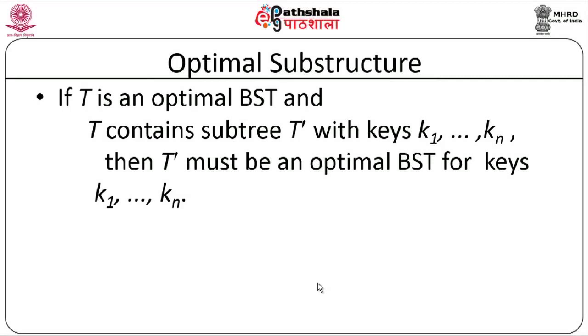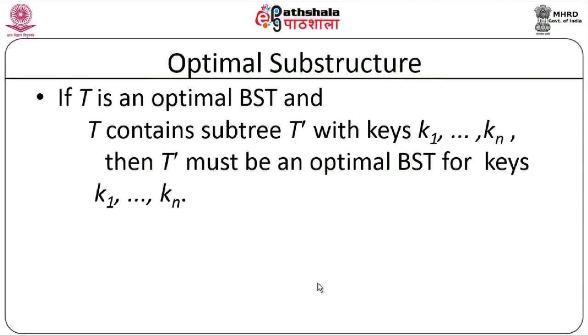problem. In other words, if T is an optimal BST, and if we construct a subtree T prime with keys k 1 to k n, then T prime is also an optimal BST for keys k 1 to k n.